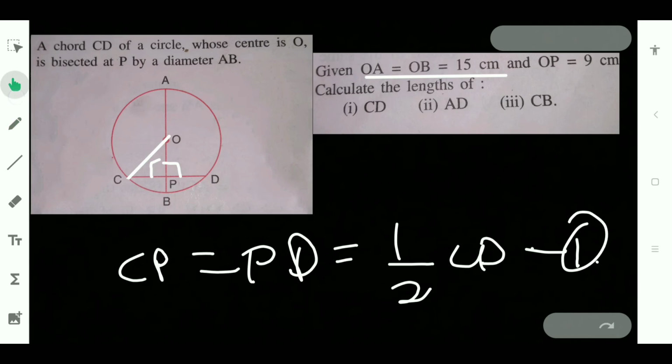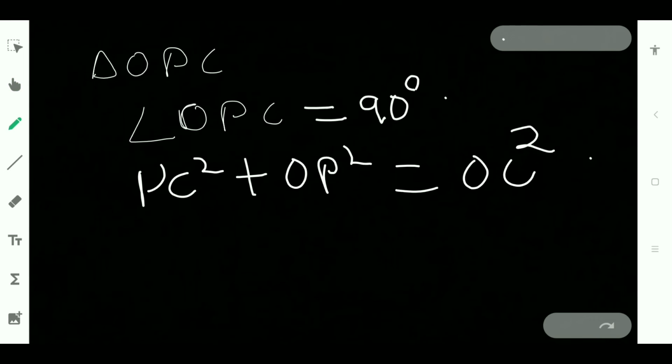Now OC is not given, that we have to find out. OC is nothing but 15 centimeters, because the radius of the circle OA is 15 centimeters. So OC is also a radius, so OC will be 15 centimeters.